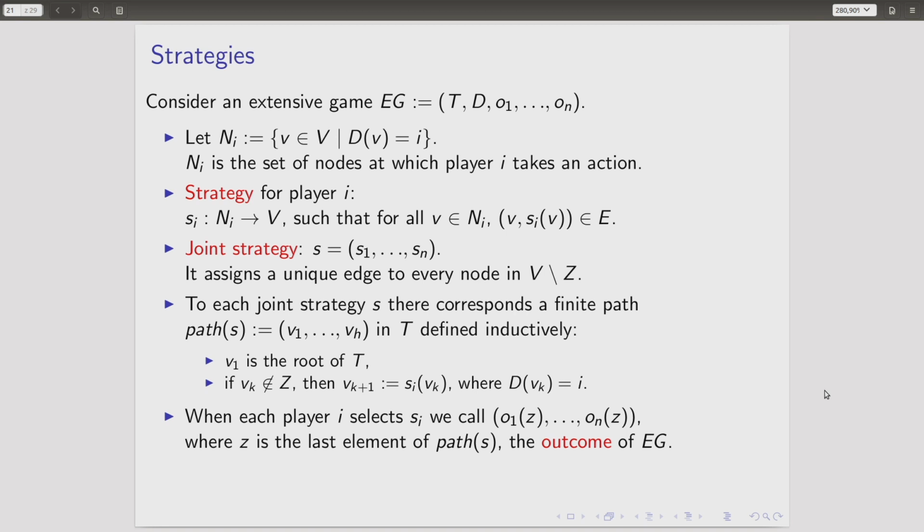So here is the definition for player i, a strategy, which is exactly this. It is a function given this tree of the game. And then a strategy for a player says that in every node where it is his turn, he knows exactly how to move next. So this is the second bullet or triangle. And the function is defined on all nodes where it is the turn of player i, which is defined in the first bullet.